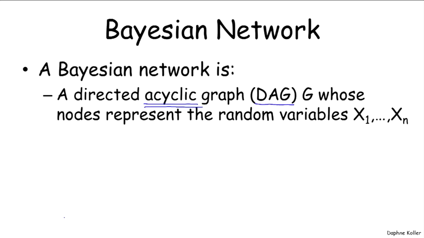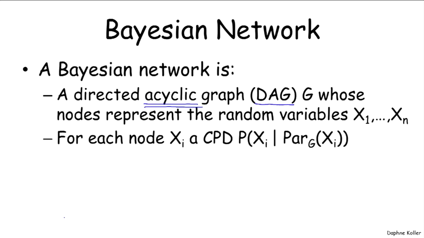The nodes of this directed acyclic graph represent the random variables that we're interested in reasoning about, the X1 up to Xn. And for each node in the graph, Xi, we have a CPD that denotes the dependence of Xi on its parents in the graph G.